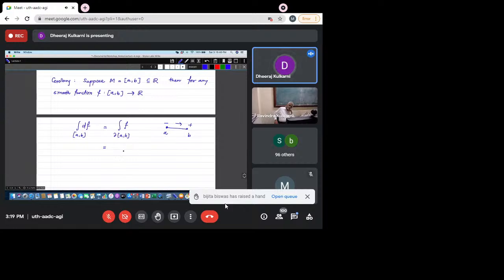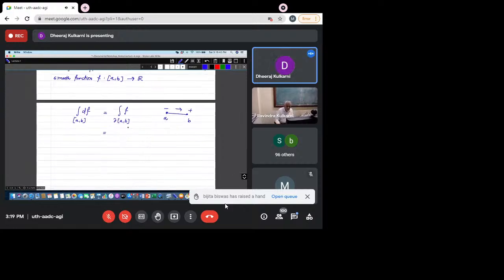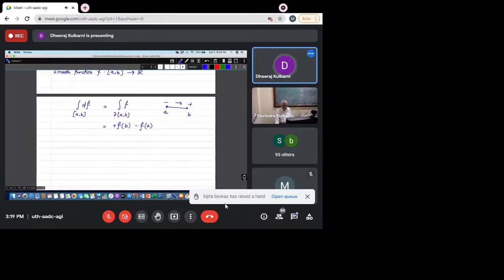We saw it yesterday. So here it will be a sum of two quantities, f(b) minus f(a), and this coincides with our fundamental theorem of calculus.